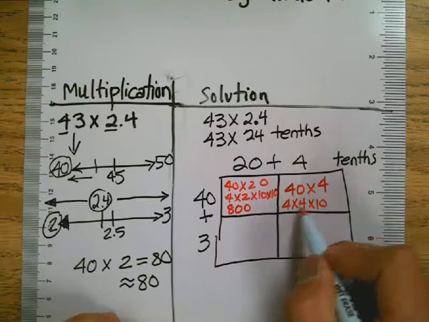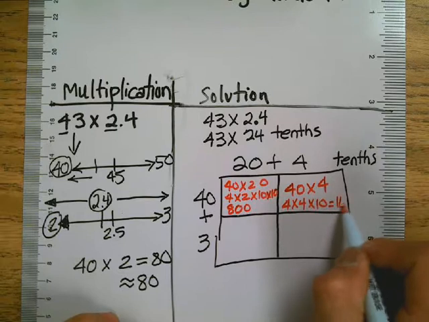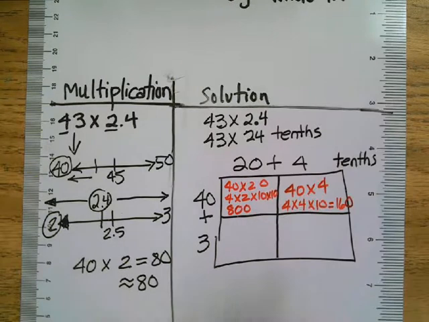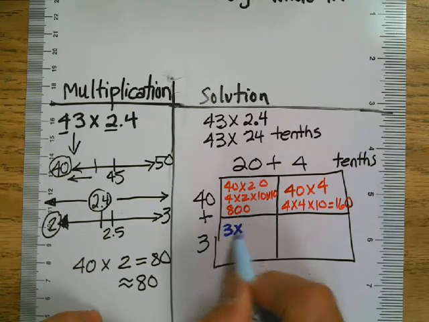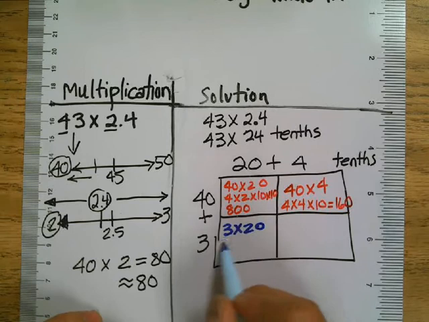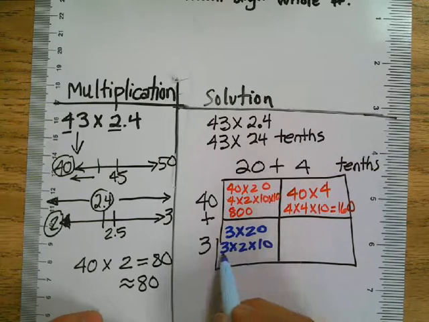Now we're going to multiply the bottom number, which are the ones. So the multiplication is going to be 3 times 20, and that is 3 times 2 times 10. The 10 is represented by the 0. So that is 3 times 2 is 6, 6 times 10 equals 60. Then we're going to have 3 times 4, and that should be simple.